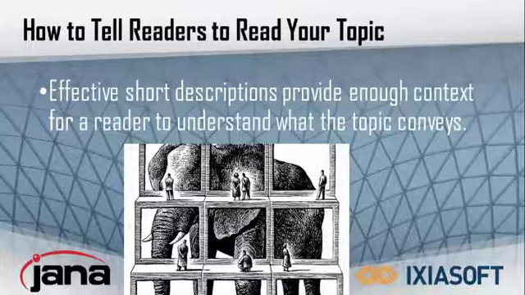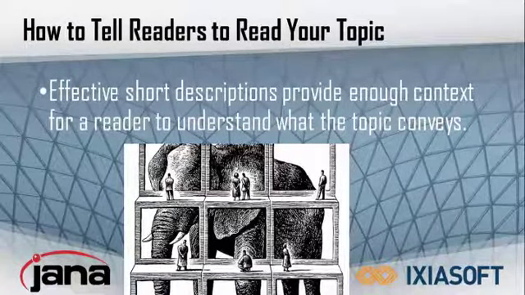So how do you tell your readers to read your topic? Well, effective short descriptions provide enough context for a reader to understand what the topic conveys. What we're showing with this graphic is a relatively poorly written short description, where individual readers are essentially looking at bits and pieces of an elephant, and they can see that, well, there's an ear, and there's part of what might be a head, and there's tusks, and hey, look, there's a rump.